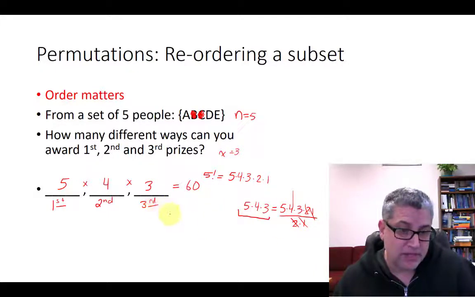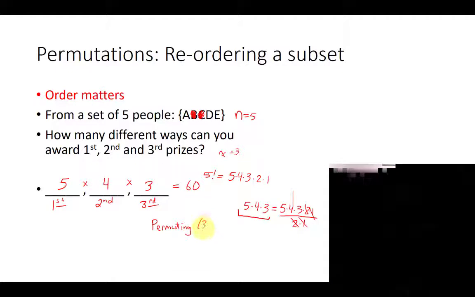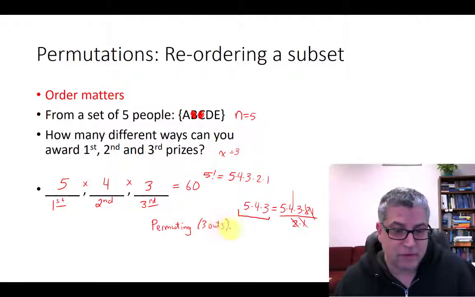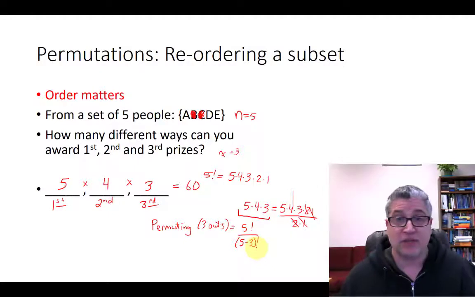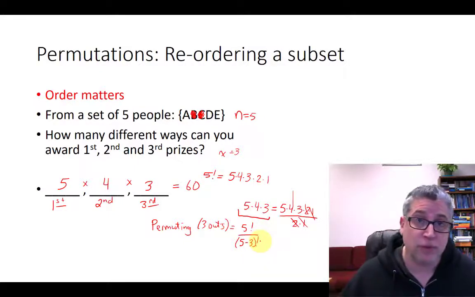Specifically, this way of permuting three out of 5 is equal to 5 factorial divided by 2 factorial. In fact, we're going to see that this is kind of a general formula.